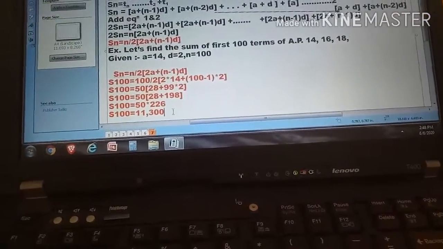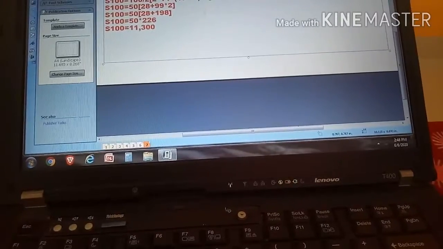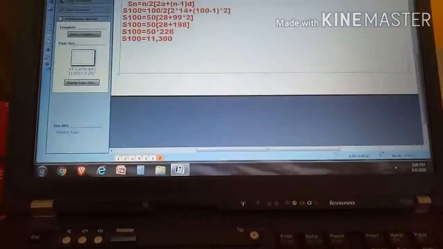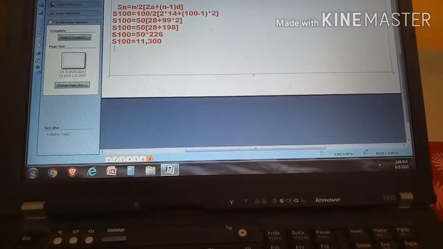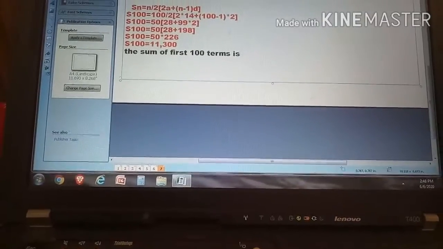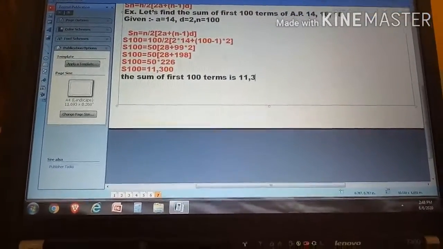What is it? The sum of first 100 terms is 11,300.